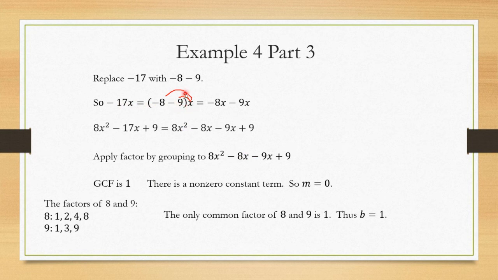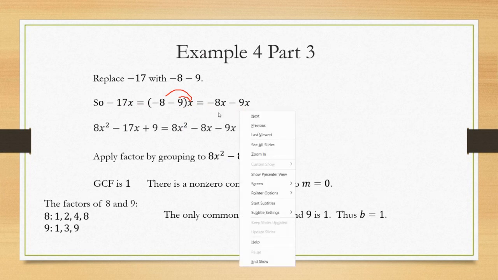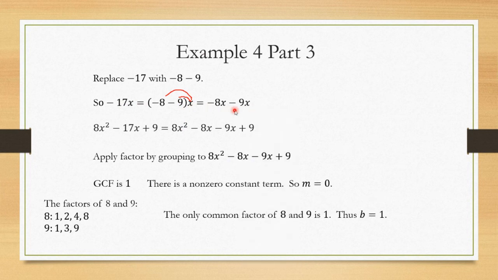And now, with the red ink, we distribute x to get this, as you can see. So this tells us negative 17x is equal to this. Hence, this polynomial is going to be equal to 8x squared minus 8x minus 9x plus 9.